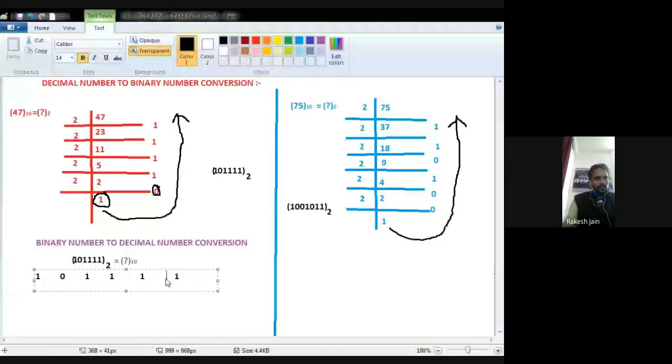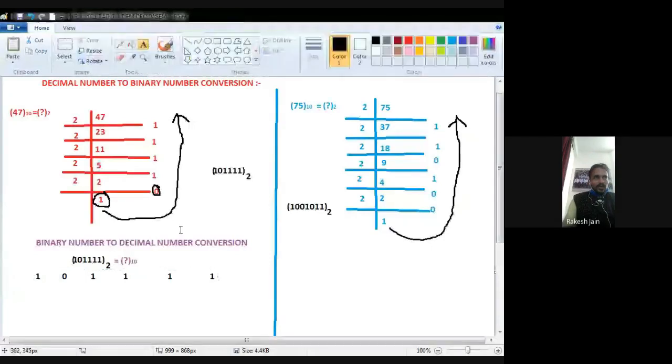So there are these different digits, 1 0 1 1 1 1. Multiply each digit by 2 raised to increasing powers, starting from the right side. So I just draw the sign of multiplication here, so you understand I am going to multiply something.